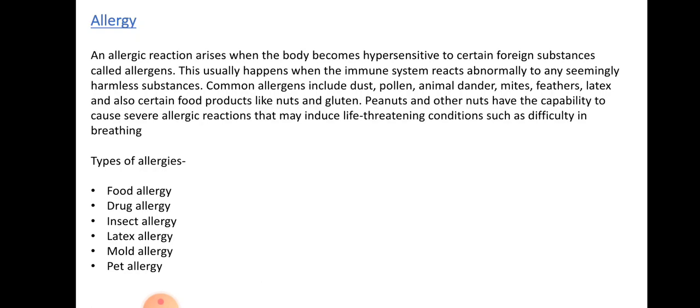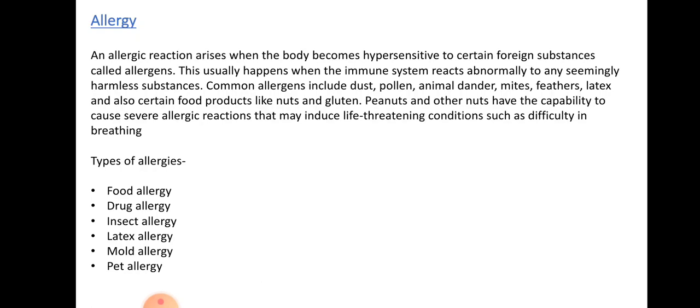Here, our immune system wrongly recognizes some of the proteins as harmful substances and causes reactions such as vomiting, hives, that is a type of skin rash, and diarrhea. So these are the common symptoms of food allergy.